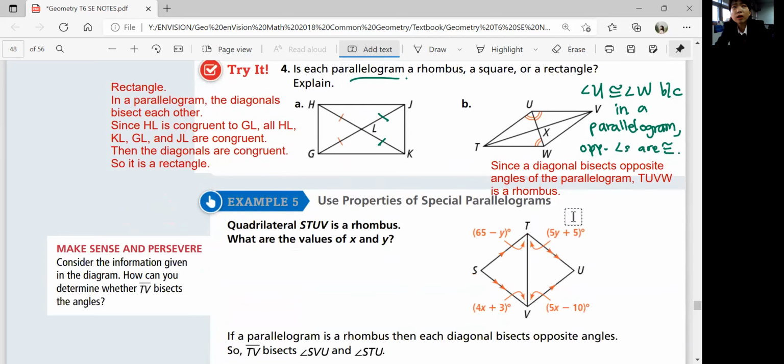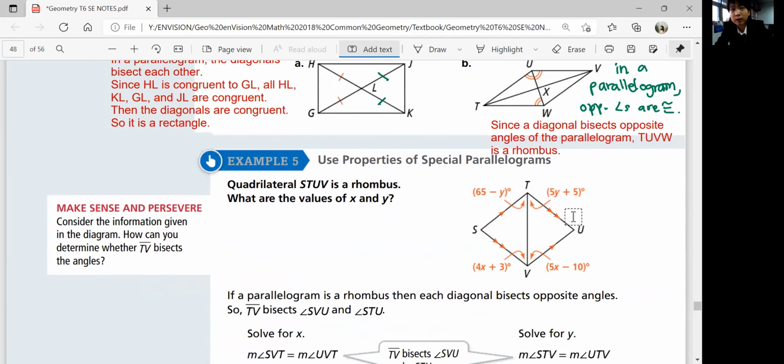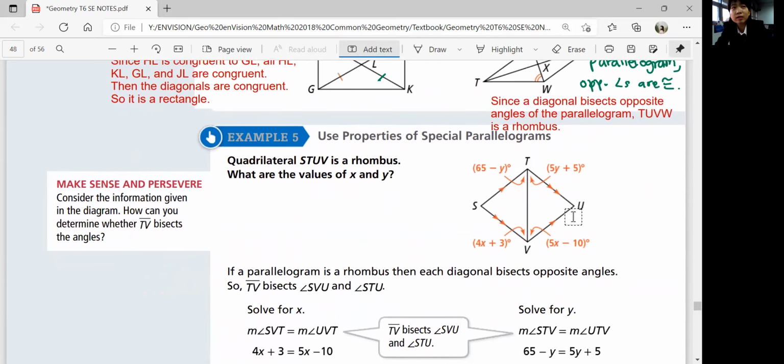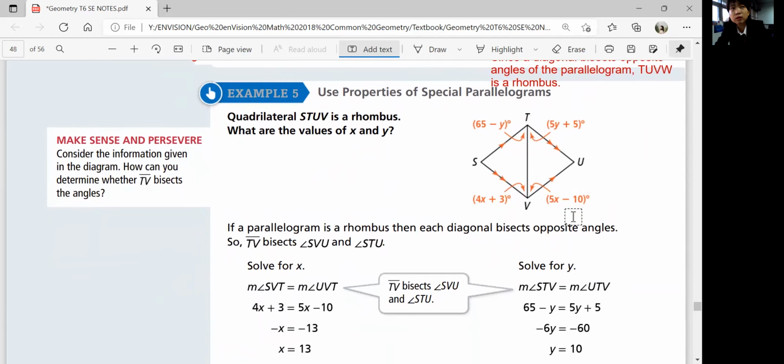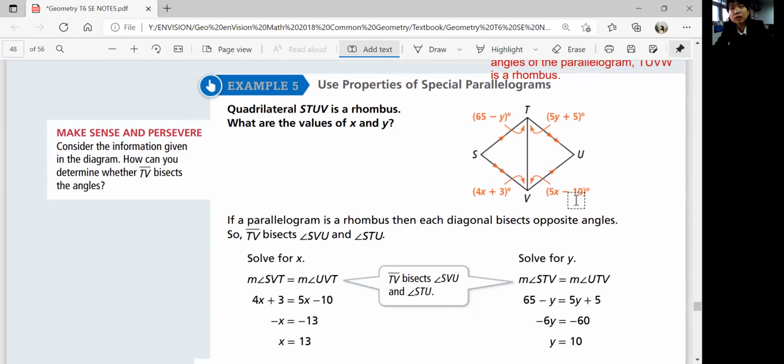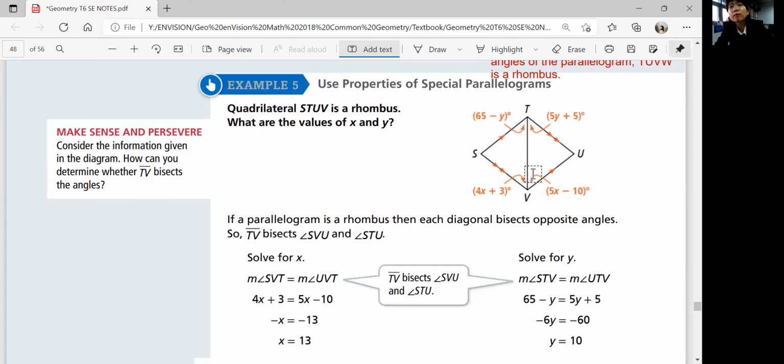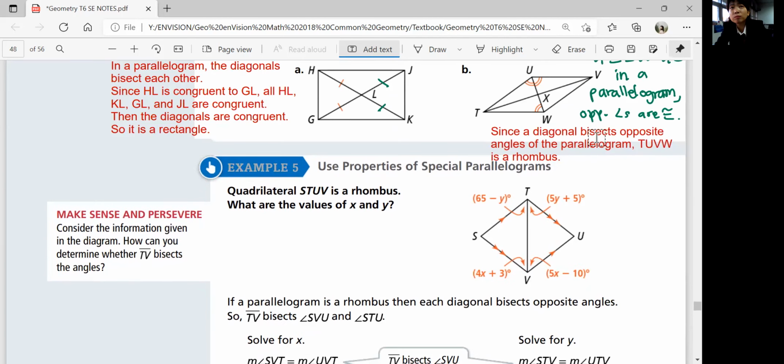Let's look at example 5. Use properties of special parallelograms. Quadrilateral STUV is a rhombus. What are the values of x and y? Now we're going to use properties of a rhombus to figure out the variables. What do you know about the rhombus? The diagonal must bisect the opposite angles.